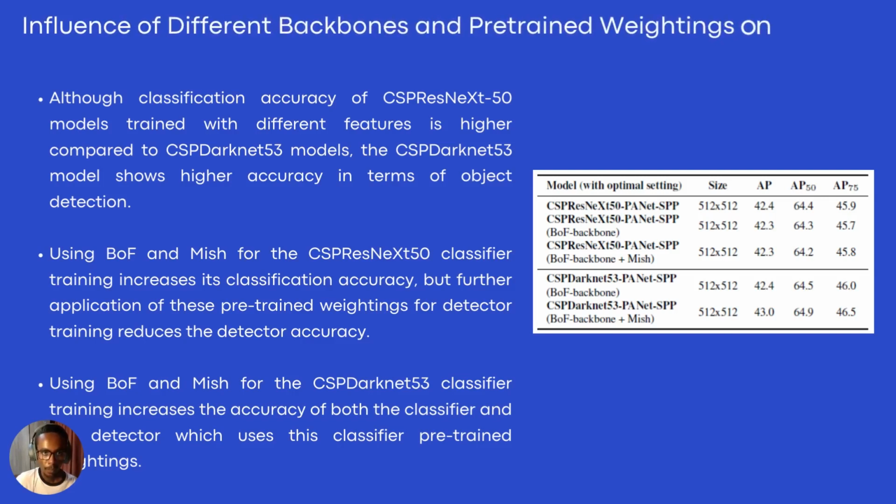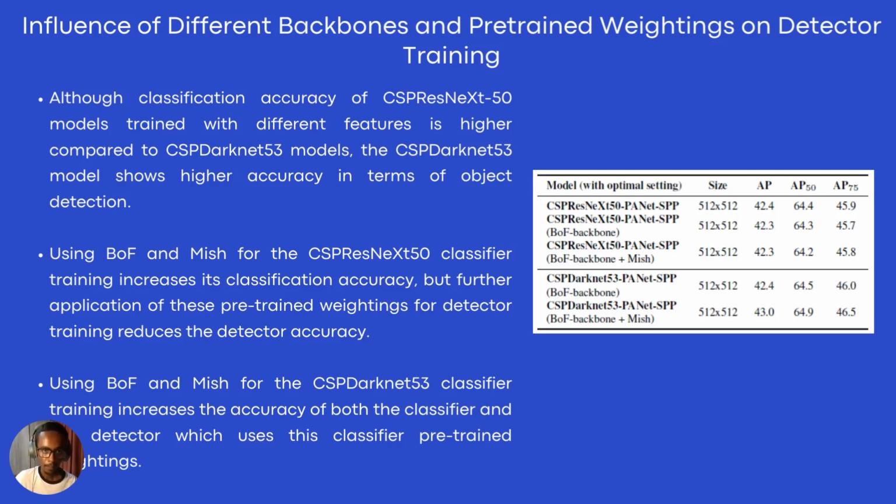So the influence of different backbones and pre-trained weightings on the detector training. Although the classification accuracy of the CSP ResNeXt50 models trained with different features is higher compared to CSPDarknet53 models, the CSPDarknet53 model shows higher accuracy in terms of object detection.